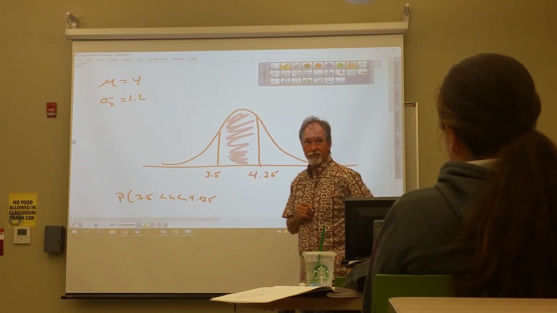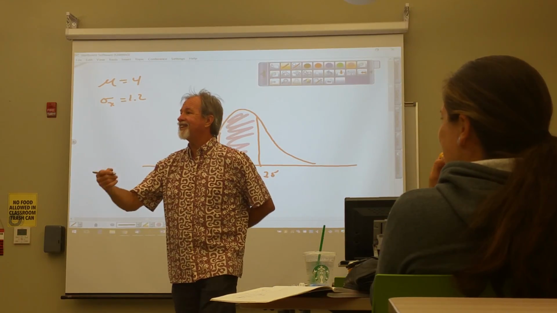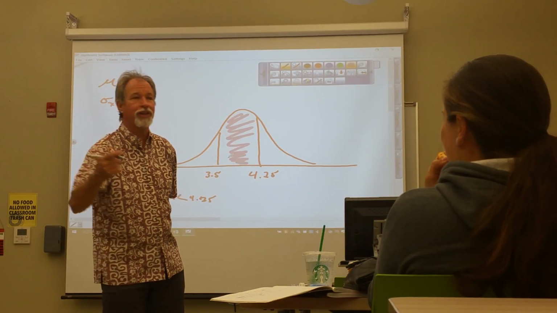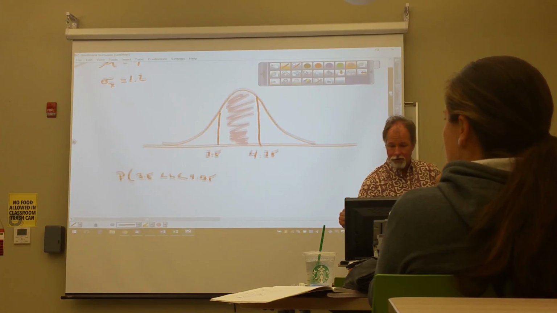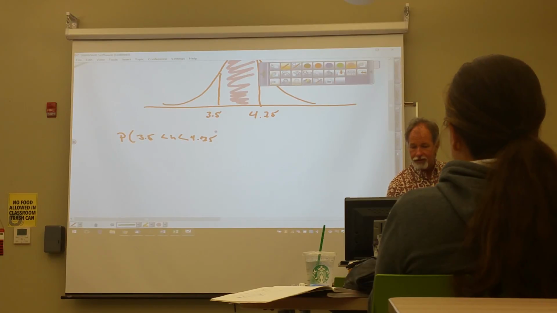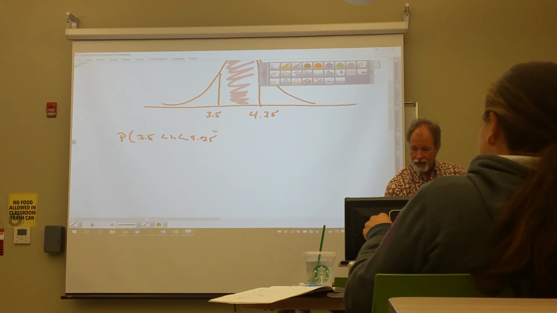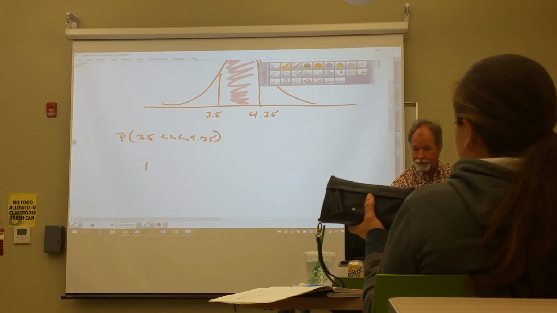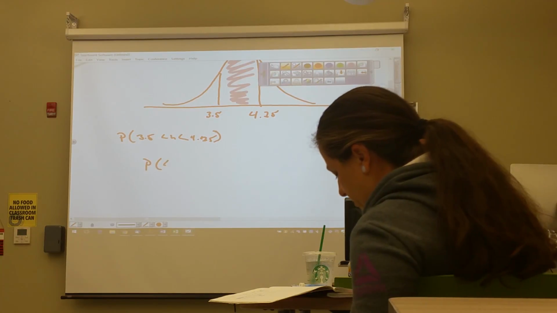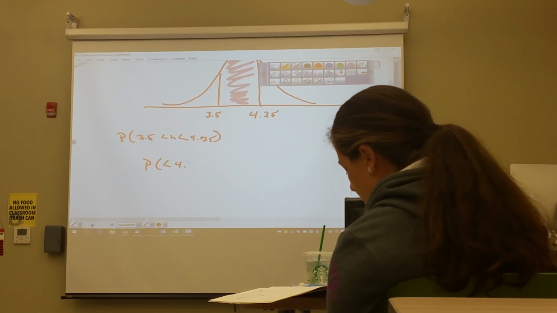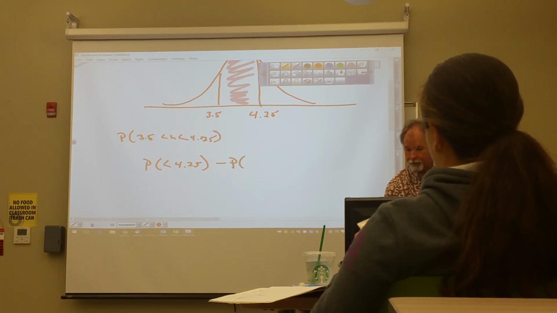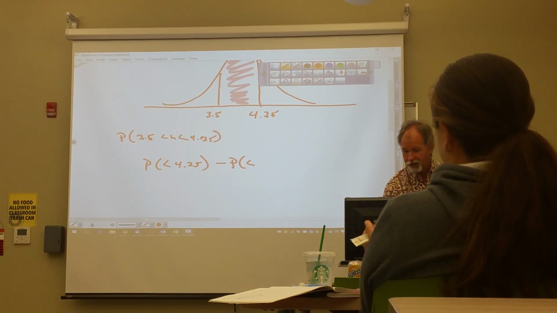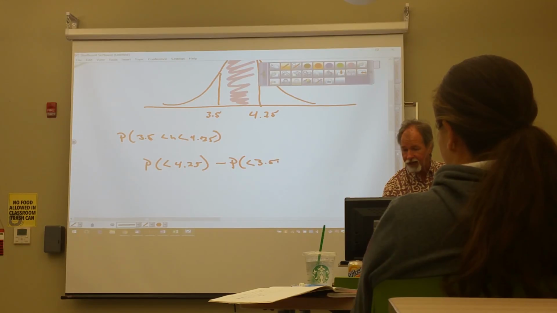Using the table, and this is where some of the aspect behind it is using the table. What do I have to do? I have to take the probability of it being less than 4.25 and subtract from that the probability of being less than 3.50.